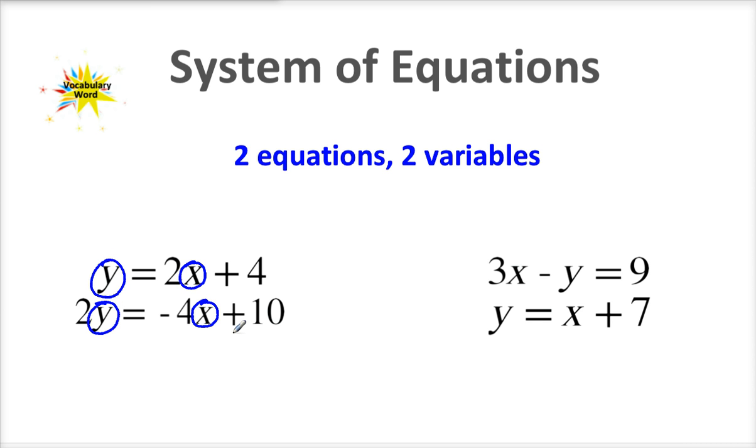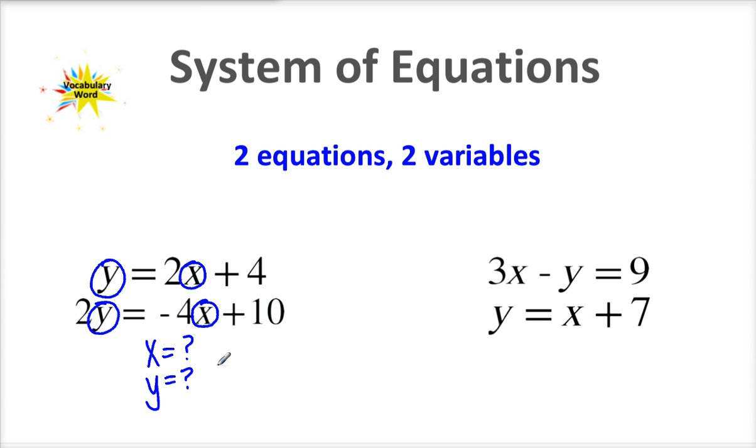Now the solution for a system of equations will have a number solution for x and for y. So just like in linear equations, I had to find a value for the variable, I also have to find values for the variables in systems, but this time I just have two variables to find solutions for.